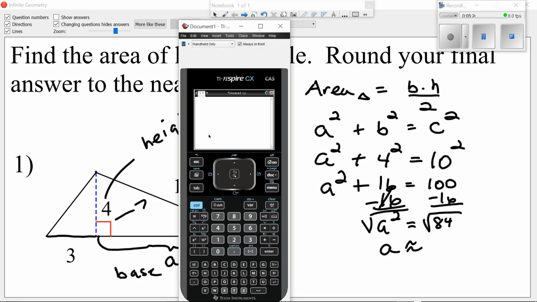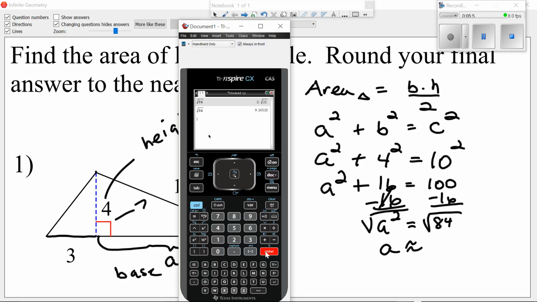So on my calculator here that you have in class, go to Control, and I find the square root, which is right here, and I put in the number 84, and then I hit Enter, and I get 2 square root of 21, so I want an approximate answer.